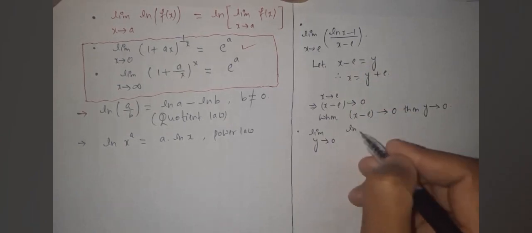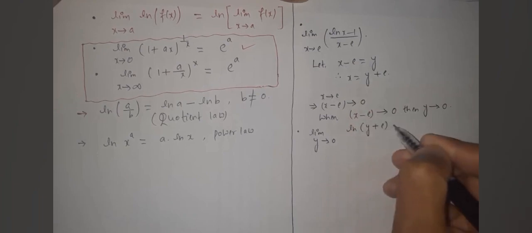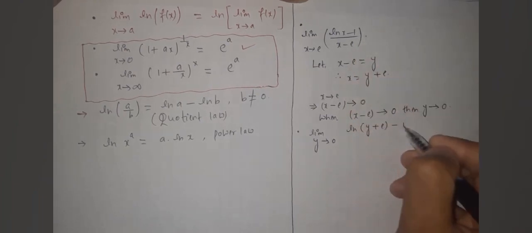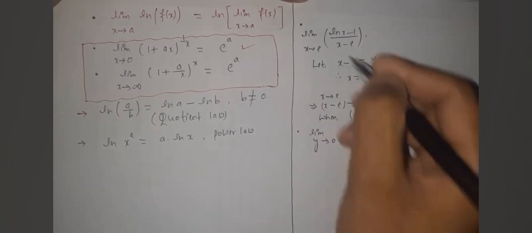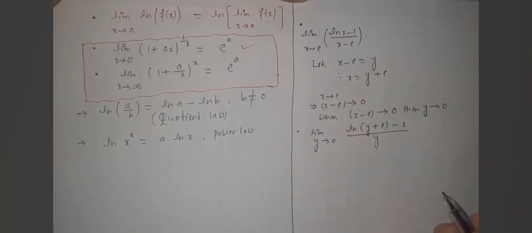And in the numerator, ln of x, the value of x is here calculated as y plus e, minus 1, over x minus e, and here x minus e is supposed to be the variable y.